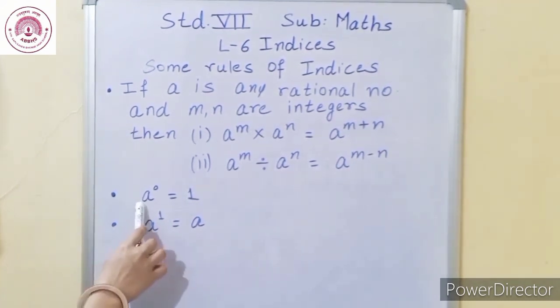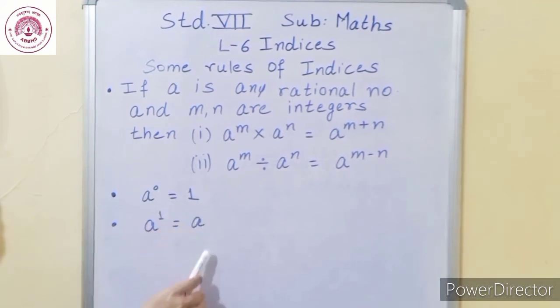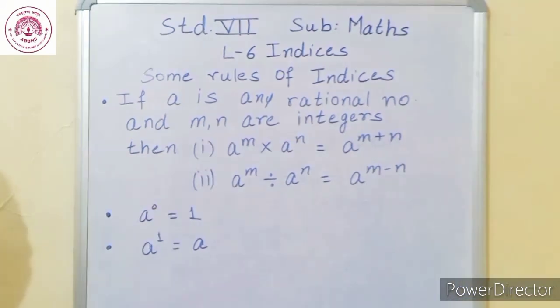Also, a naught equals 1 and a raised to the power 1 is a. That is, the first power of any number is the number itself.